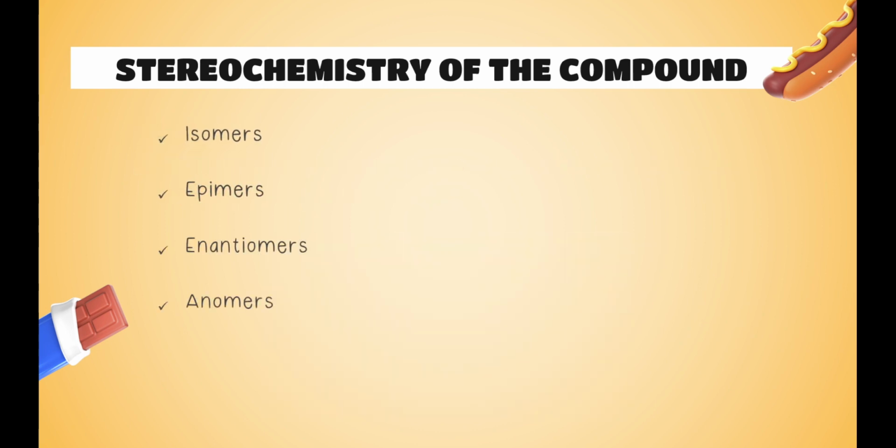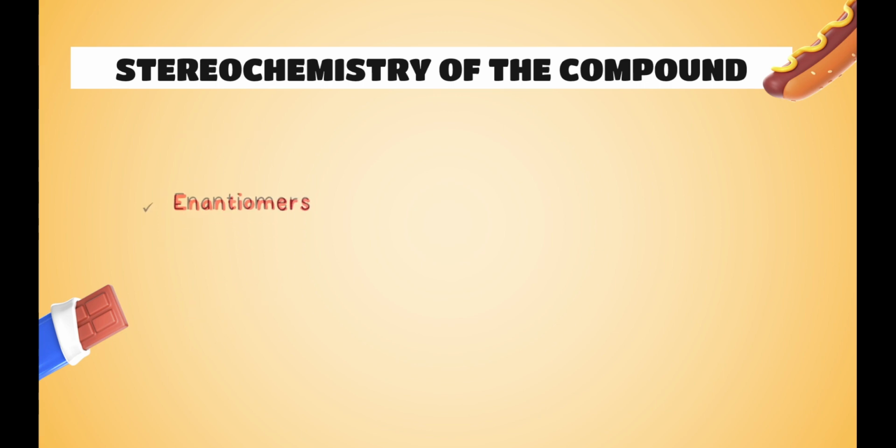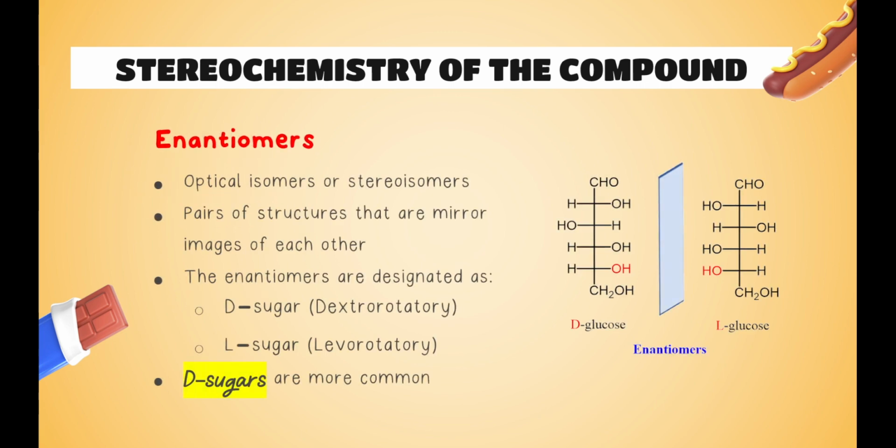So, now we proceed with enantiomers. Enantiomers are optical isomers or stereoisomers, meaning these pairs of structures are mirror images of each other. Try to look at this image here on the right side.